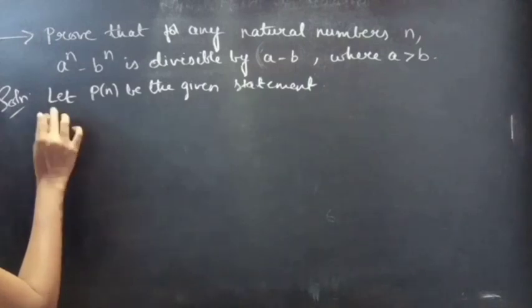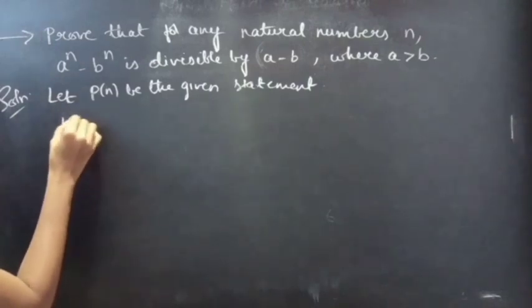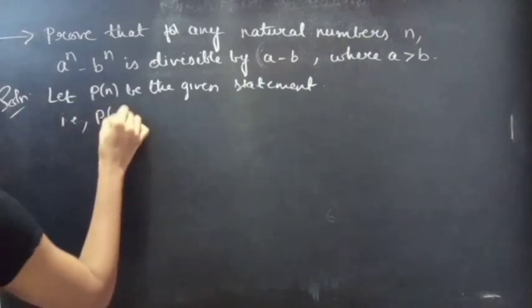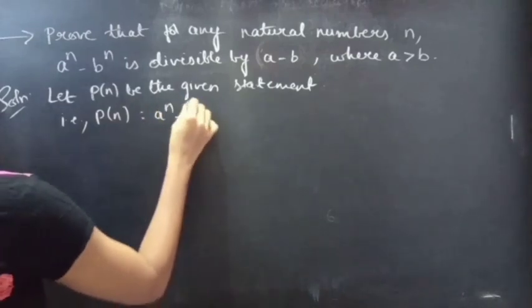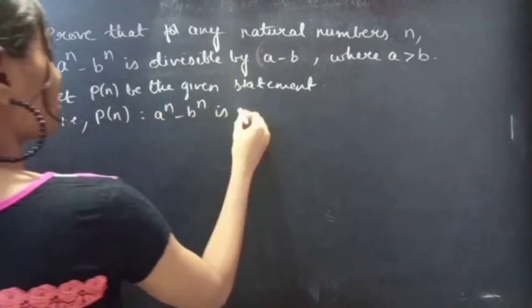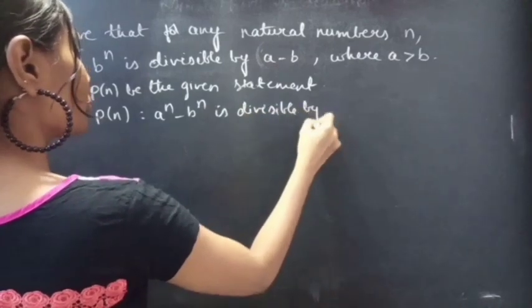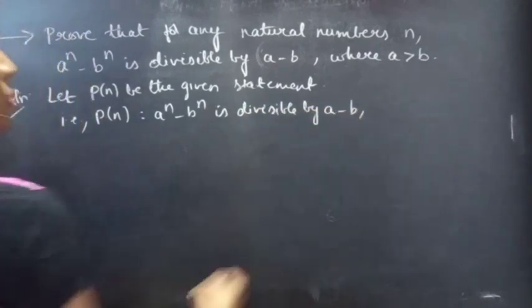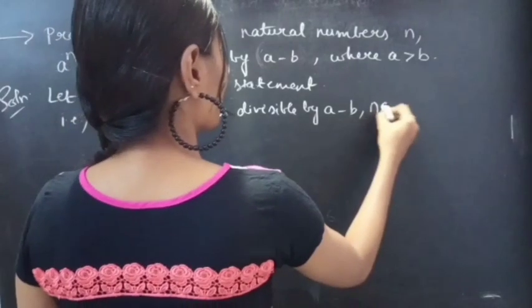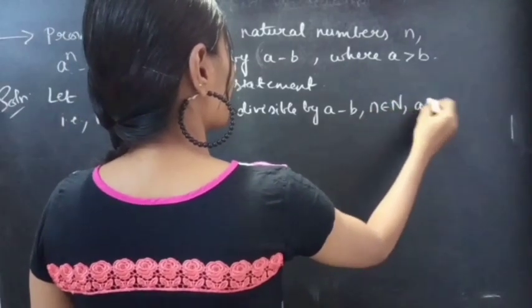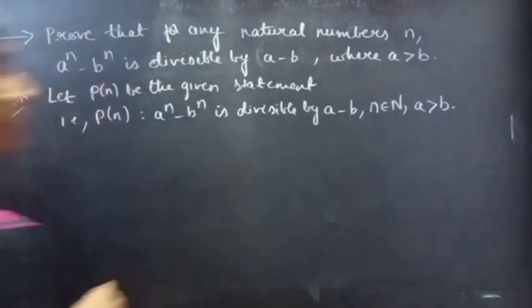Then p of n: a power n minus b power n is divisible by a minus b for all n belongs to natural numbers and a greater than b.